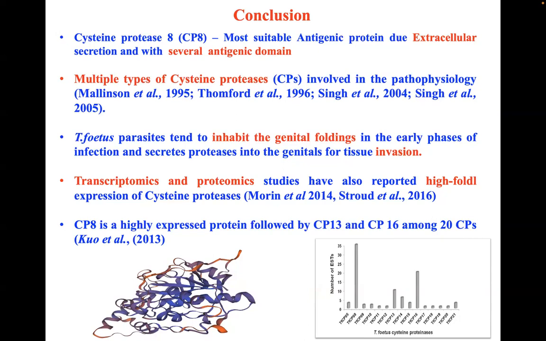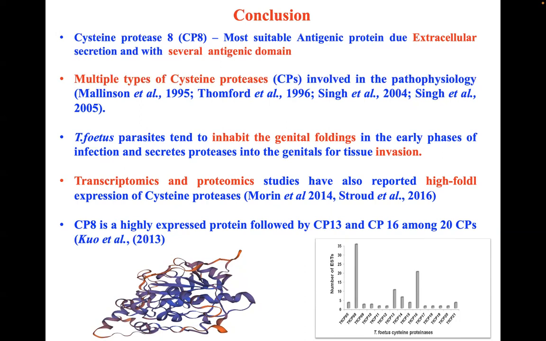Protein is protein synthesis. Analysis of mRNA and protein of this organism also highlighted presence of several cysteine protease related mRNA and cysteine protease related proteins identified in the analysis. Several high copy numbers were identified. So among several multiple cysteine proteases, especially cysteine protease 8 is highly expressed.